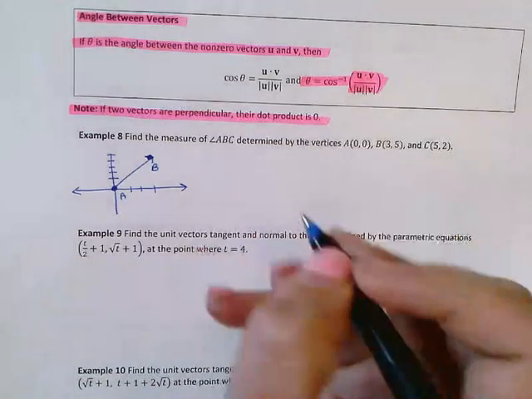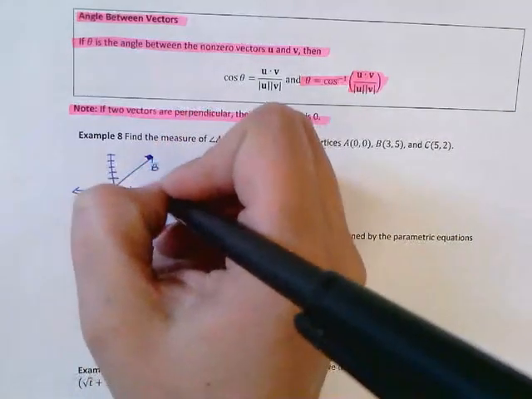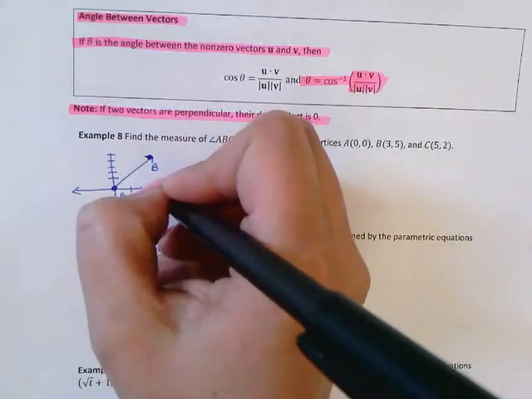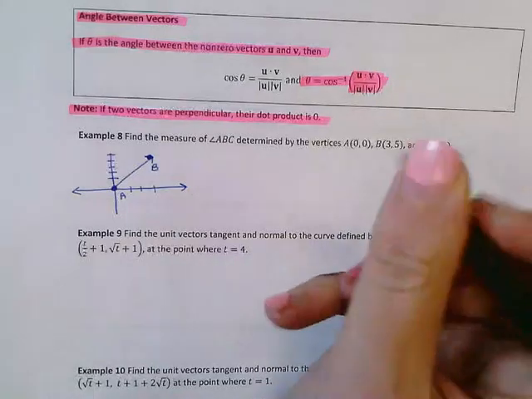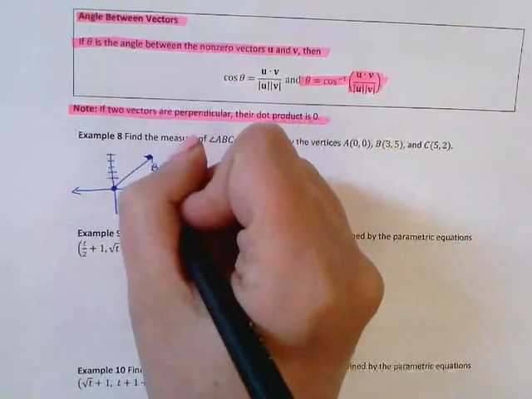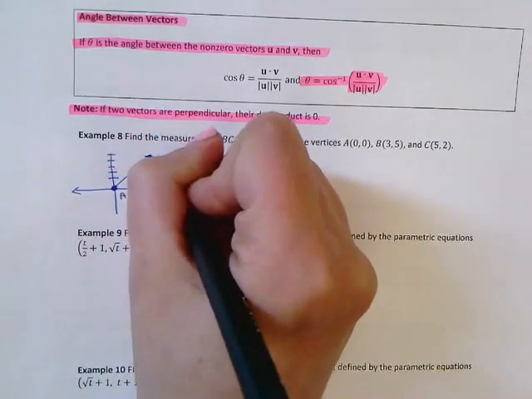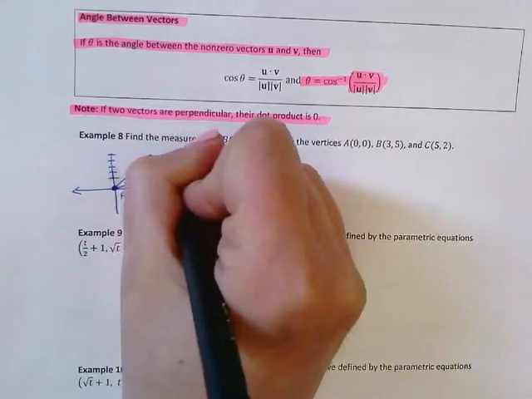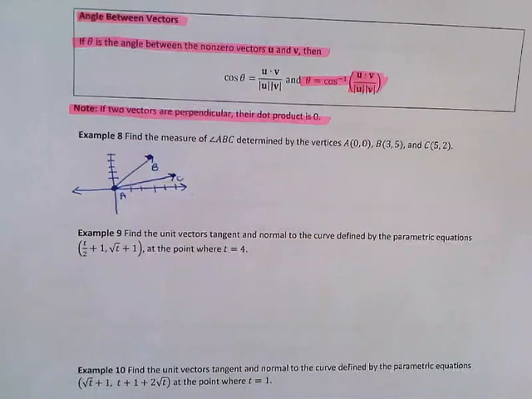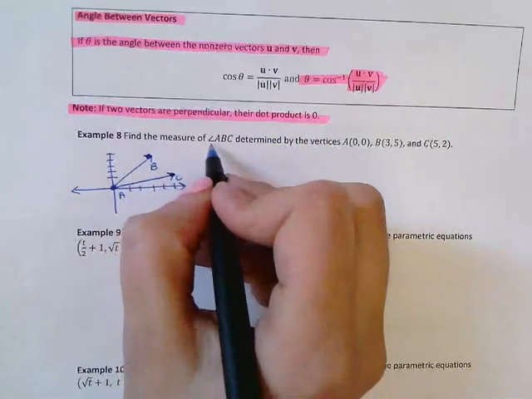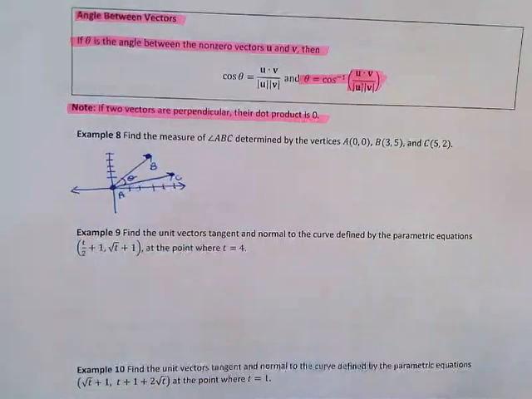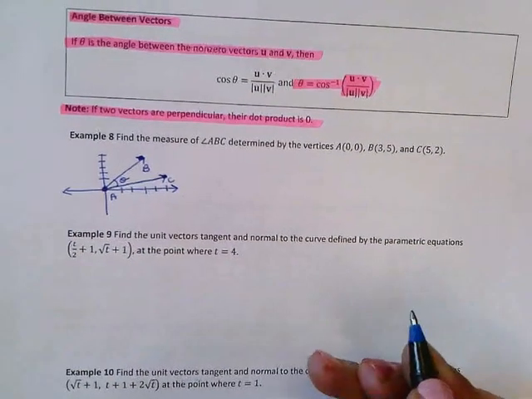And we got C, which is at 5, 2. And right now we want to find the measure of this angle. So we want to know what the measure of that angle is.